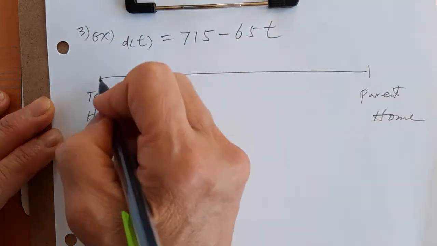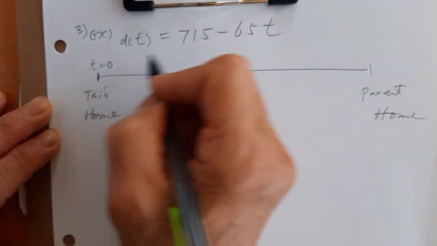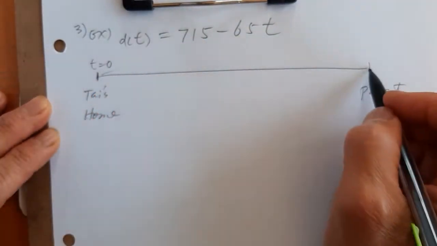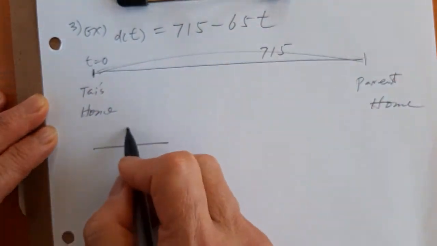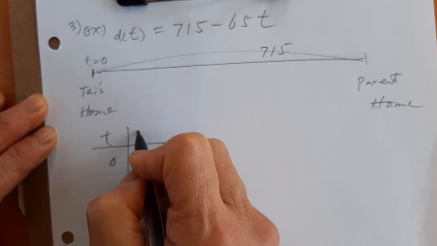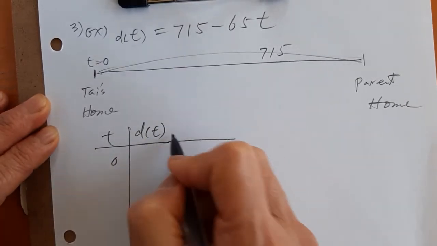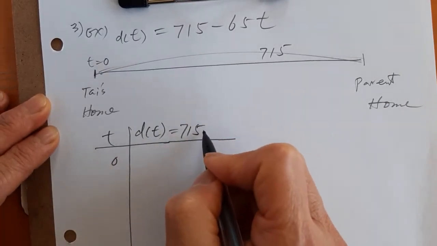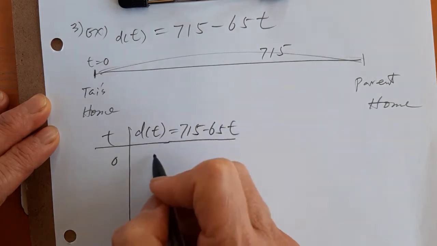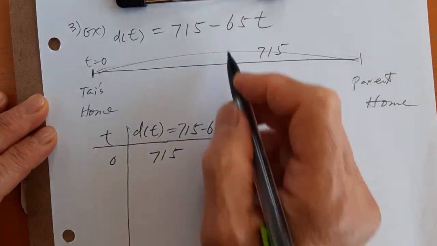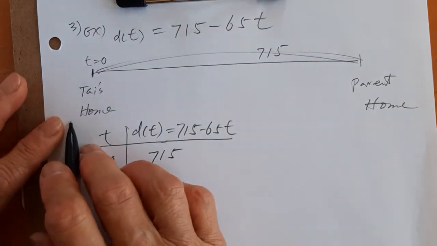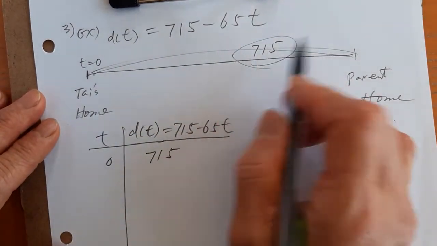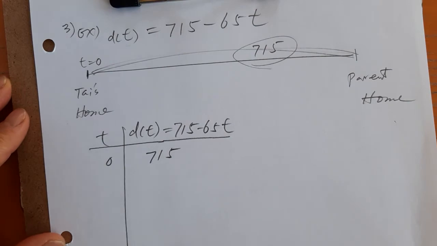When t equals 0, Ty is at home. You let t equal 0 and plug it in, and the distance away from his parents' home is 715 miles. So the total distance from Ty's home to his parents' home is 715 miles.